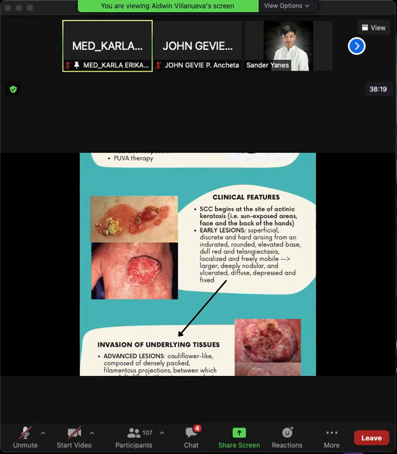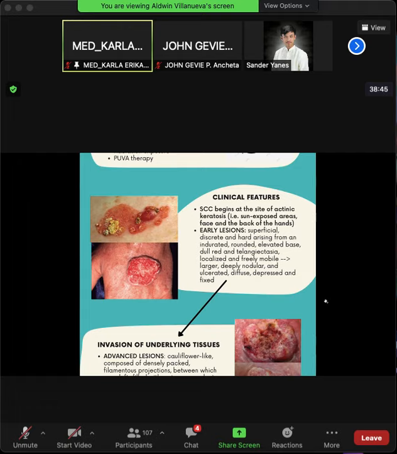For the clinical features, SCC begins at the site of actinic keratosis. These are precancerous lesions in sun-exposed areas, particularly the face and the back of the hands. Earlier lesions present as superficial, discrete, and hard, arising from an indurated, rounded, elevated base with a dull red and telangiectatic appearance.